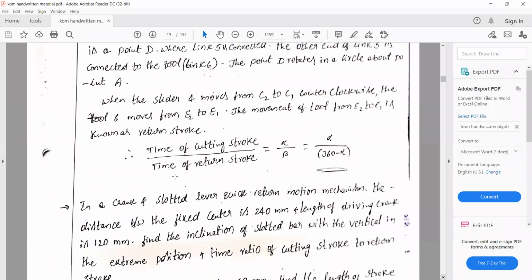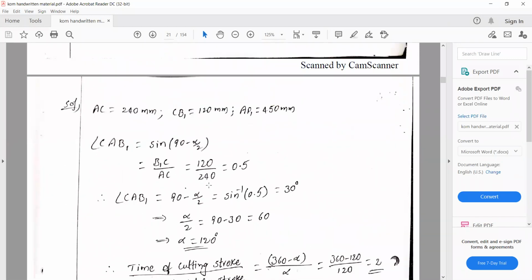So B1C by AC is 120 by 240, which is 0.5. So 90 minus alpha by 2 equals sin inverse of 0.5, which is 30 degrees. So alpha by 2 equals 90 minus 30, that is 60 degrees. Alpha equals 120 degrees.